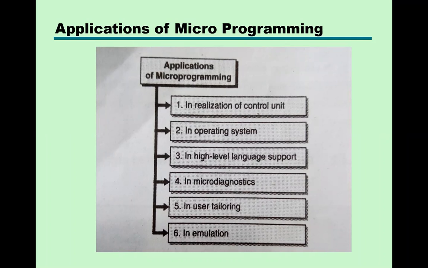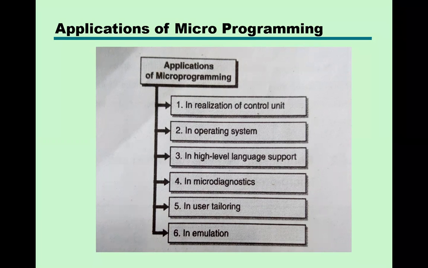Microprogramming is widely used nowadays to implement the control unit of computers. In computers, you will find the control unit is implemented by microprogramming only. The second one is in operating systems. Microprograms can be used to implement some of the primitives of the operating system.